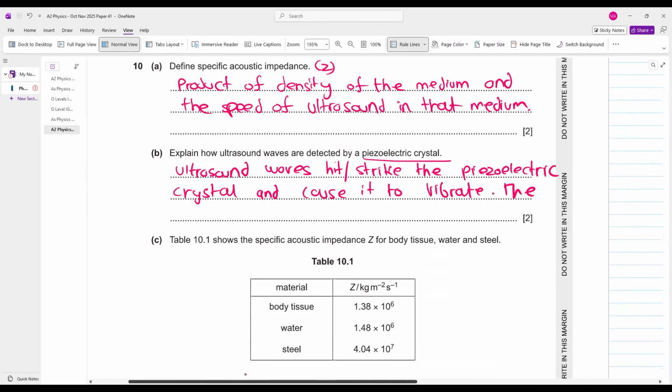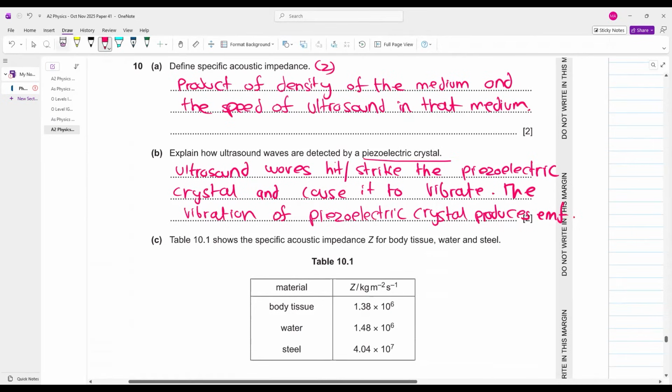The vibration of the crystal induces EMF. The word induces is better, because in CIE exams you never use produces; only the word induces is used.